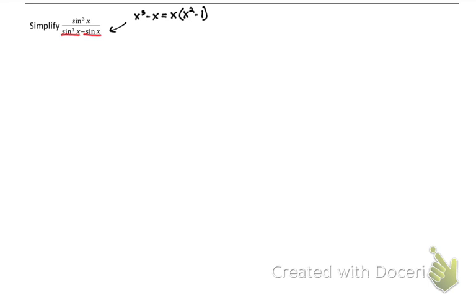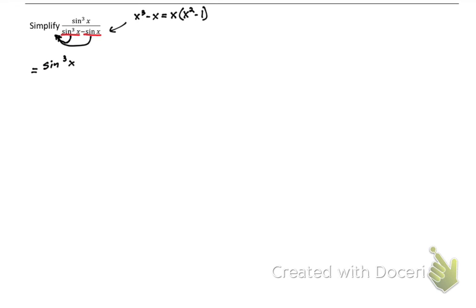I bring an x out of each of those elements. Now remember, it has to be all the way across here. If this was like a plus 1, it wouldn't work. But there's sine in both of those elements, so I'm going to factor out a sine. I'm going to bring a sine out of both of these things and put it in front.